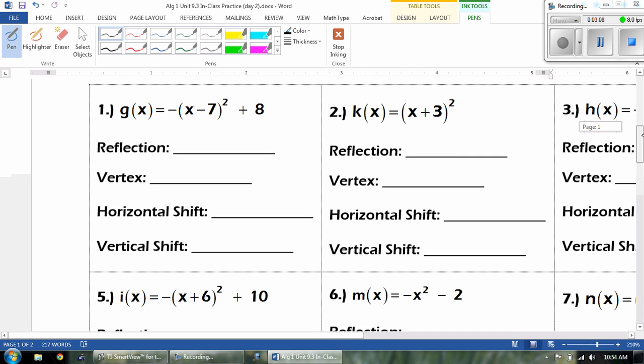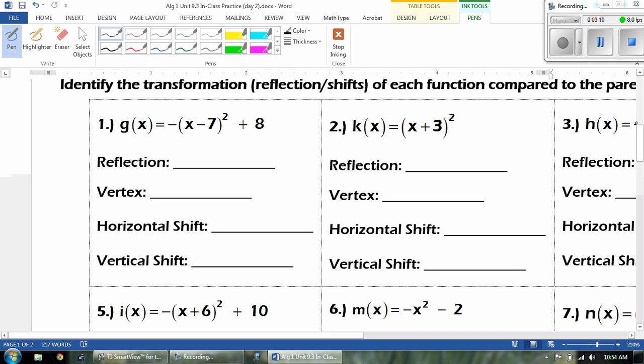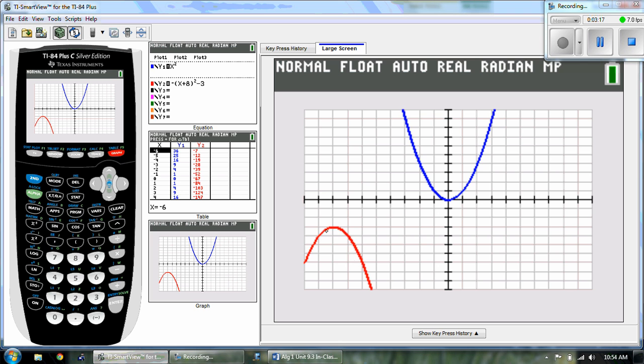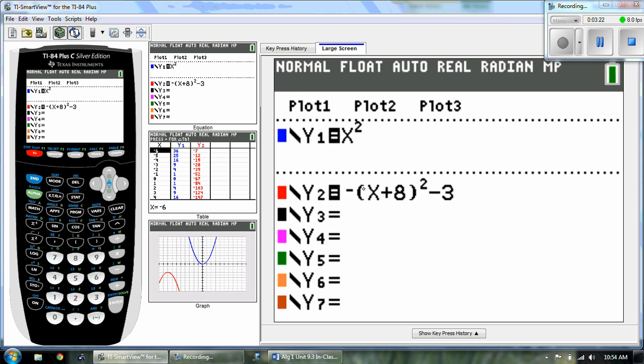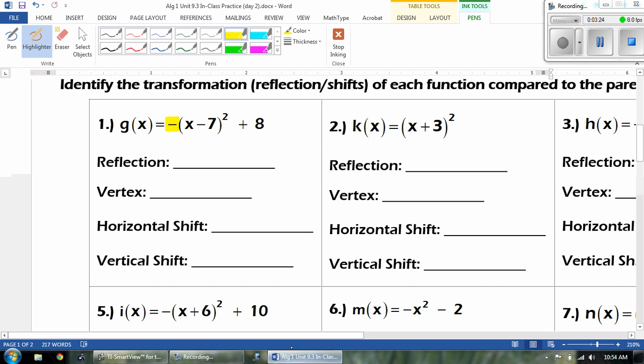So remember, the reflection is all about whether it's positive or negative. If you look at our graph, our red one was reflected because when we go back to the equation, it was negative, okay? So is there a reflection here? We would say yes, and it's going to be across the x-axis. So what's our vertex?